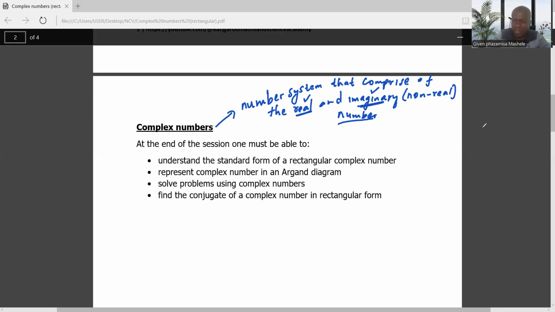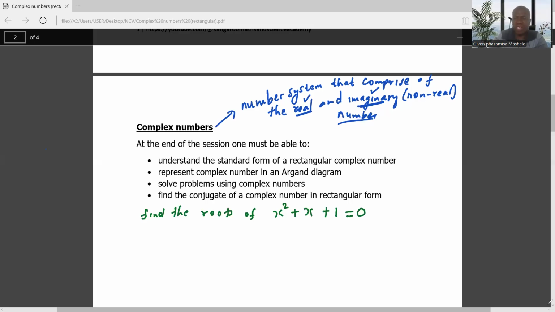Let me just do one simple example. Imagine, ladies and gentlemen, when you are in grade 12 or grade 11 or grade 10, we said to you, find the roots of, for example, x squared plus x plus 1 equals 0.